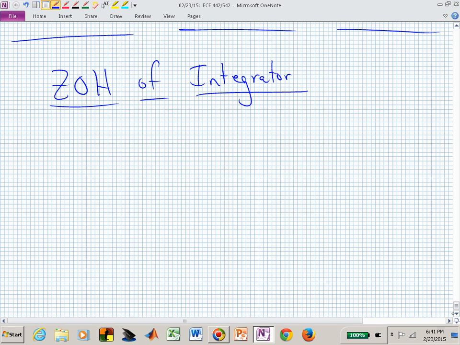What's g of s look like? If I said, give me the frequency domain expression for a pure integrator, maybe with a gain, k, what would you say? That's just k over s, isn't it? All right, let's find g of z. We know how to do that.